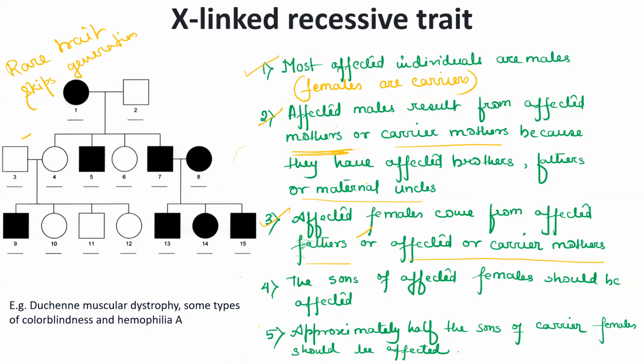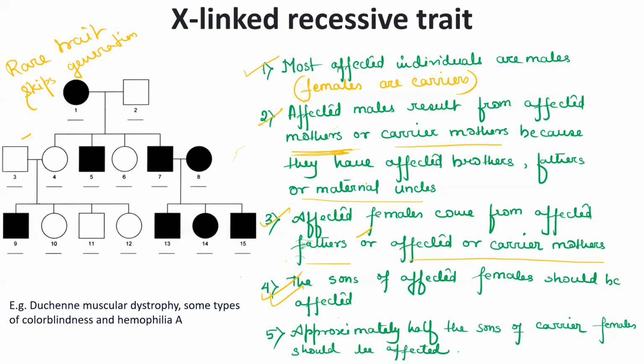The sons of affected females should be affected. Very, very important. If the mother is affected, there is no chance for the son to escape. And why is there no chance? Because the mother has no other option than to give that affected X to the son. Mother has only X, both the X. There are no other chromosomes like the father.